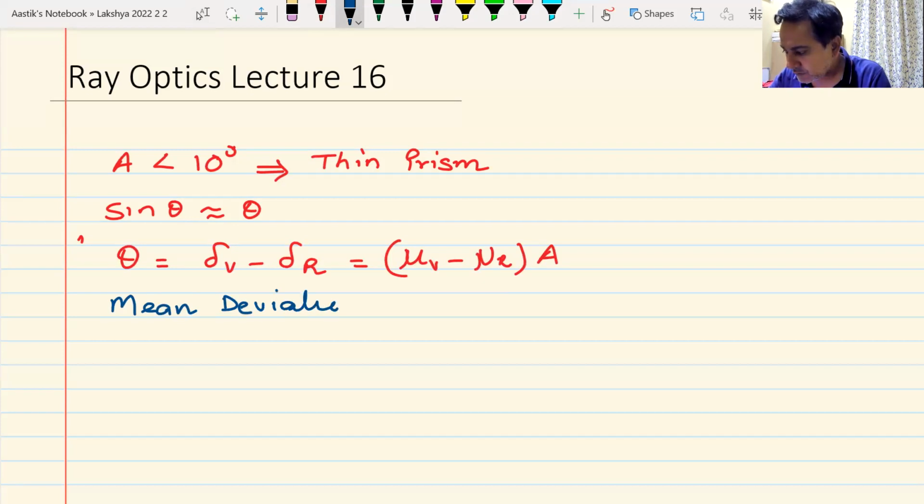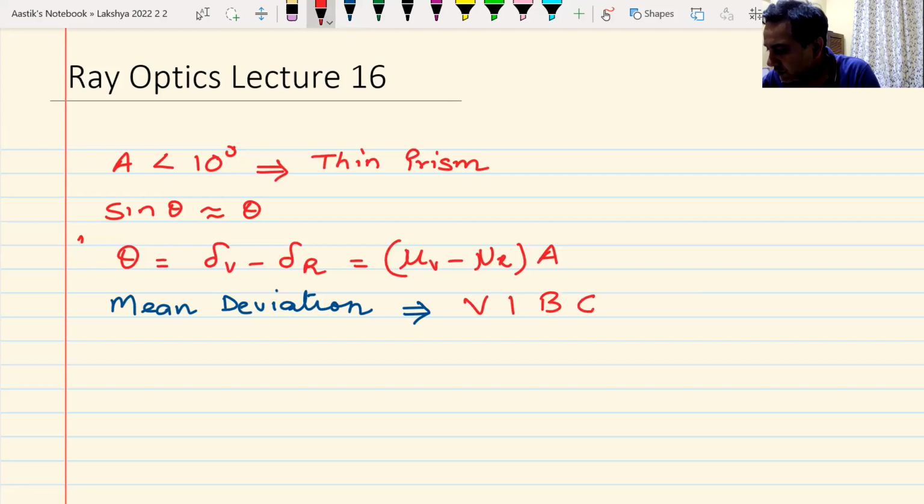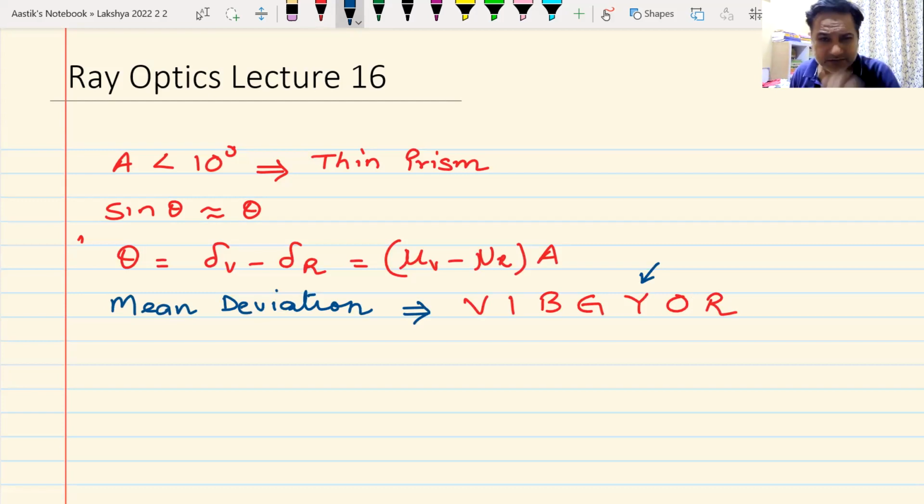Now, if I look at the spectrum, it goes like this: V, I, B, G, Y, O, R. This yellow light lies exactly in between, not in the spectrum when I say it, but when you look at the deviation, the deviation of this yellow light is exactly in between the violet and red.